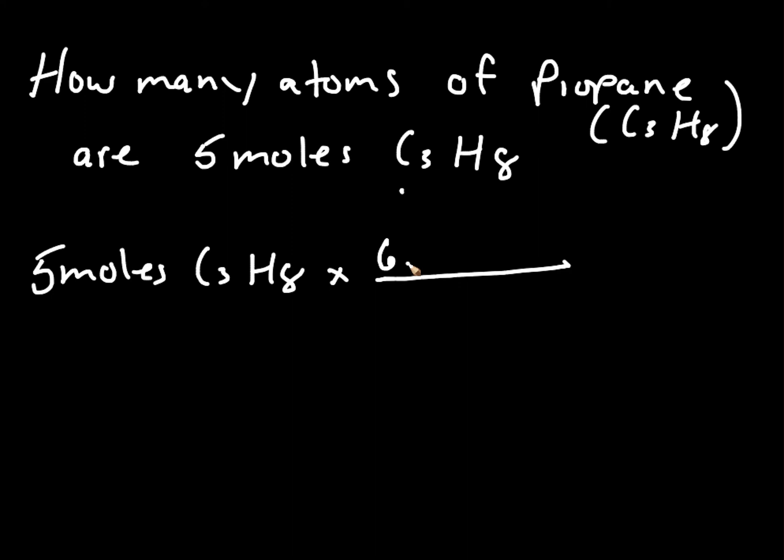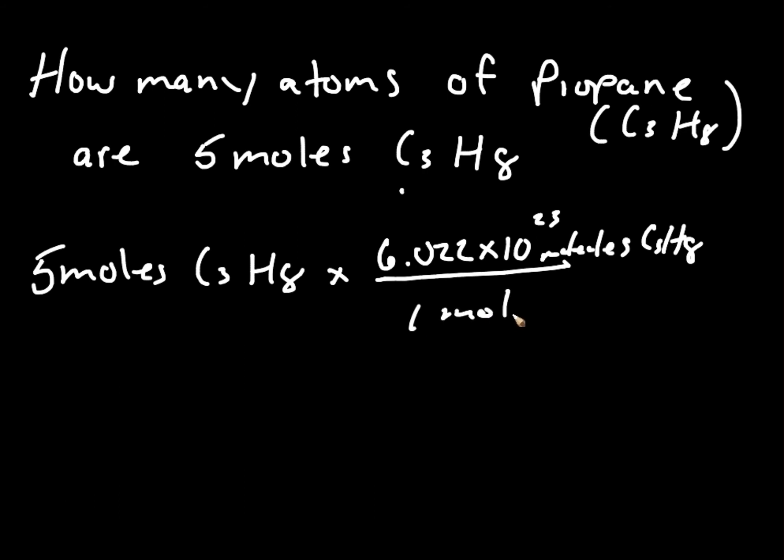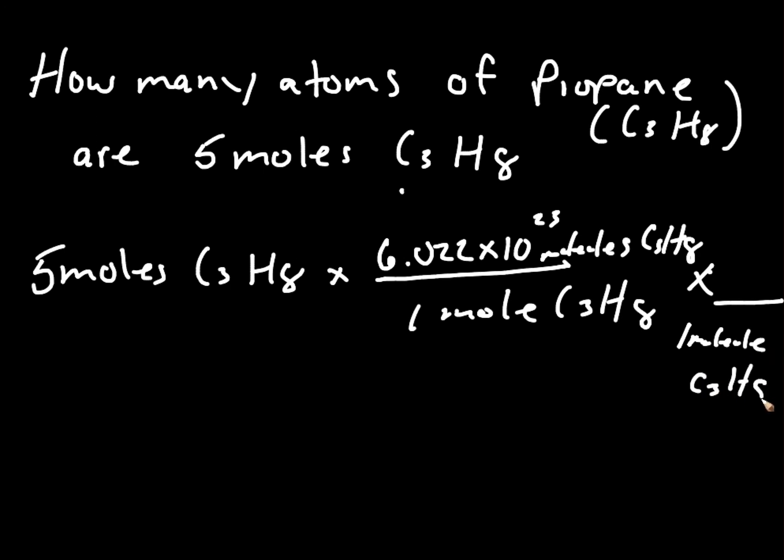So we'll have Avogadro's number on top, all over 1 mole. Now, we look. We want to go to atoms. So in this 1 molecule of C3H8, I want to know how many atoms I have total. So I have 3 carbon atoms and 8 hydrogen atoms, which makes 11 atoms total.